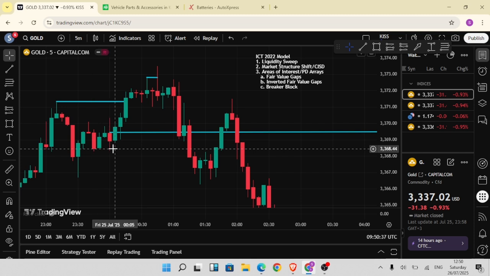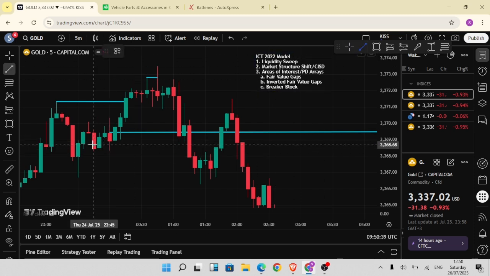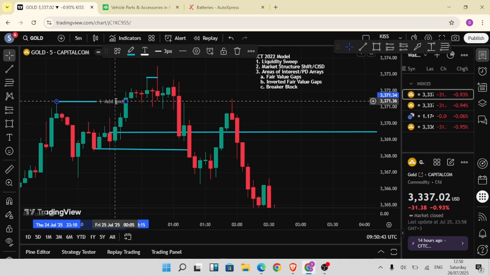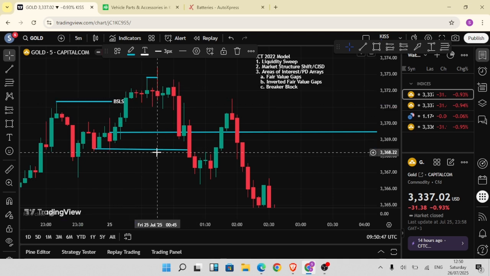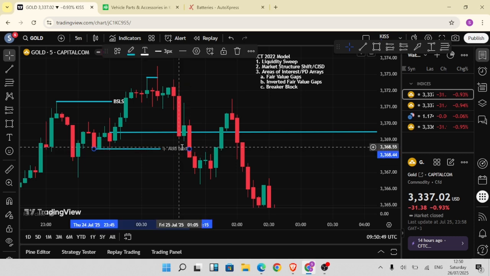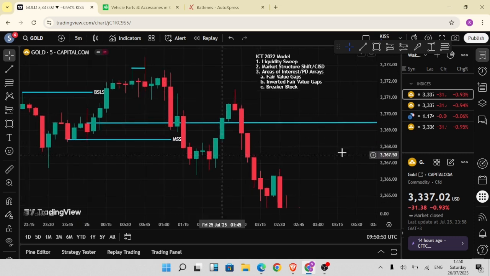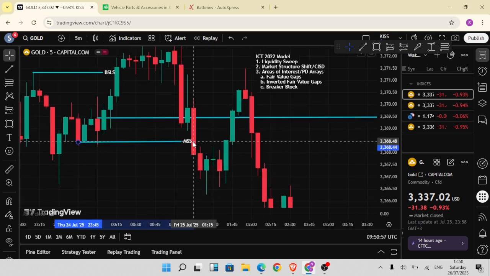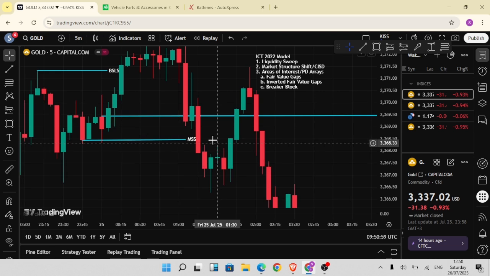Right here. Let me just annotate this, buy side liquidity, market structure shift. Market structure shift has to be by body, candle bodies, not by wicks.